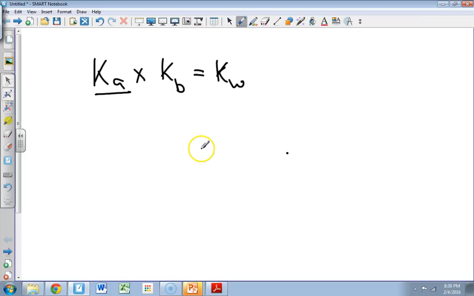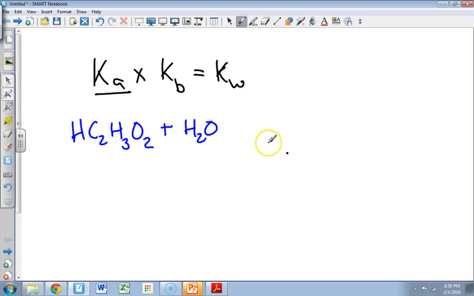So let's say that we have acetic acid, HC2H3O2. It's got its ionizable H, it's weak, and so what we do is react this with water. That is in equilibrium with the hydronium ion plus the acetate ion.